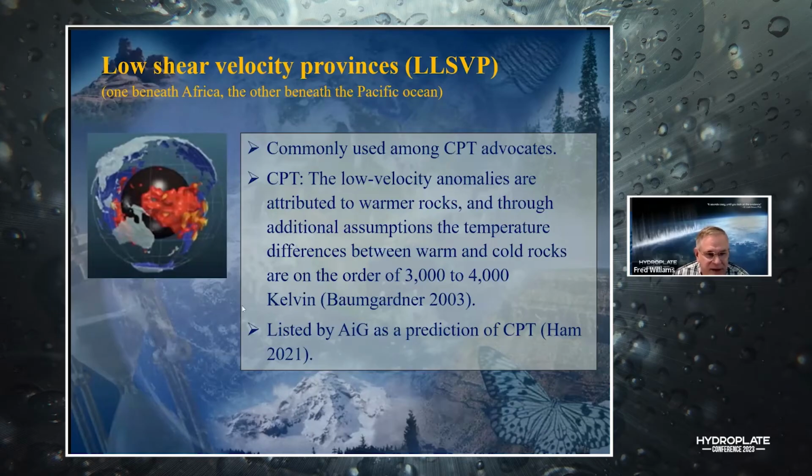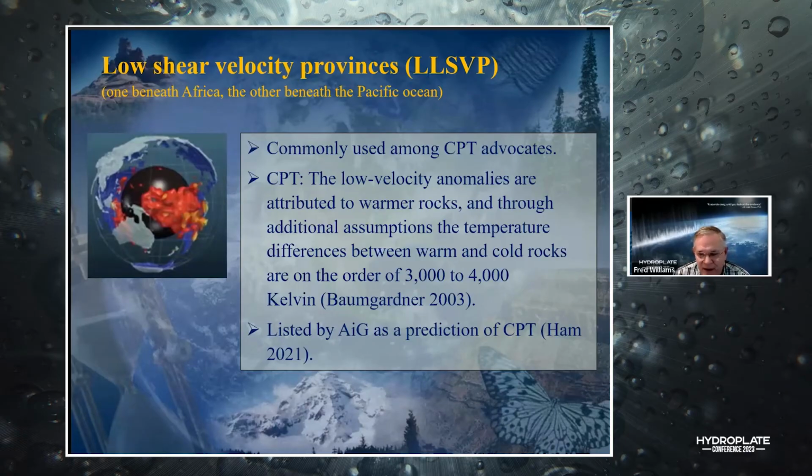Okay, so admitting that the waves are just low velocity, but they're saying it's because they're warmer rocks. Well, that's an assumption. And then they make additional assumptions. This is them talking: the temperature differences between the warm and cold rocks are on the order of 3,000 to 4,000 Kelvin. So then this was listed by AIG as a prediction of catastrophic plate tectonics.